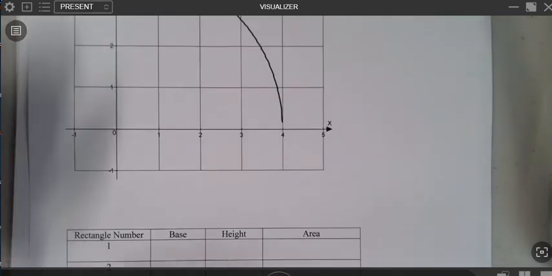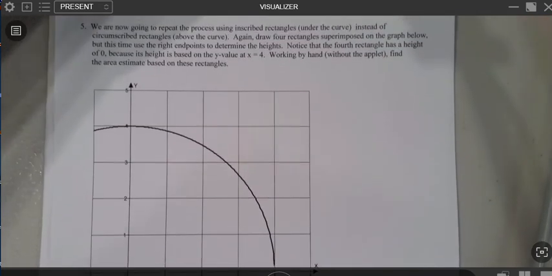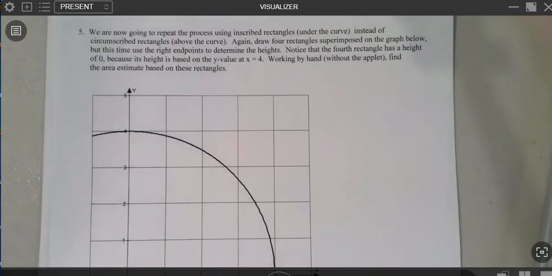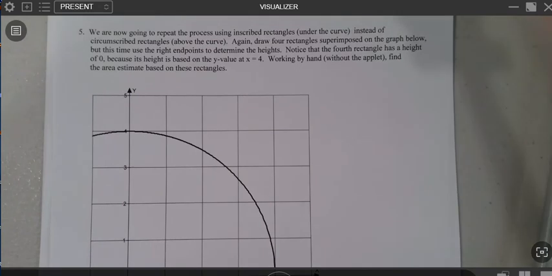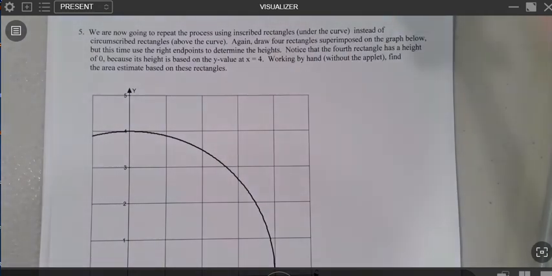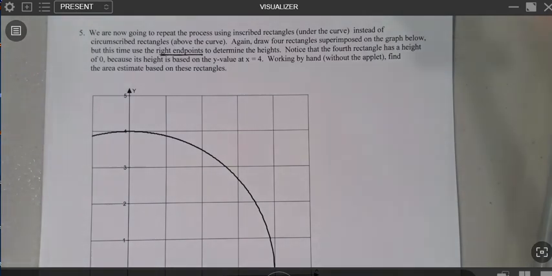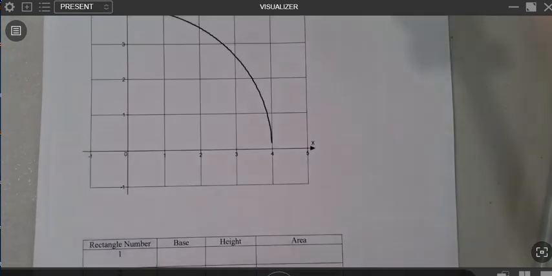On the next page of the assignment, it asks you to repeat the whole process using, this time, inscribed rectangles, or in other words, rectangles that are going to be under the curve. And the way we're going to do that is by using the right endpoints to determine the heights instead of the left endpoints. So again, I'm just going to get you started on this.